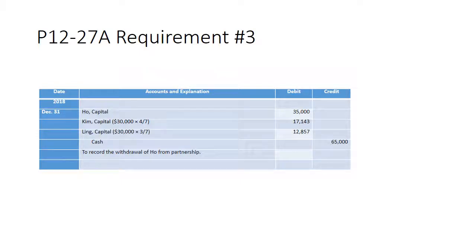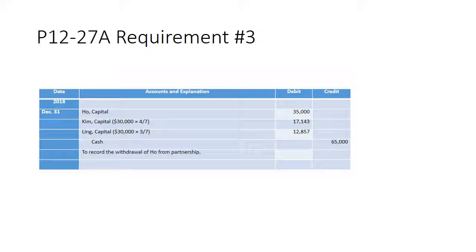She's gone. There's only two partners left. They have to eat up that difference that they gave her. And so it's treated like they withdrew the money themselves. So we debit their capital account for their remaining profit and loss ratio that's still left. So if Kim gets 40% and Ling gets 30%, that's 40% plus 30%, 70%.